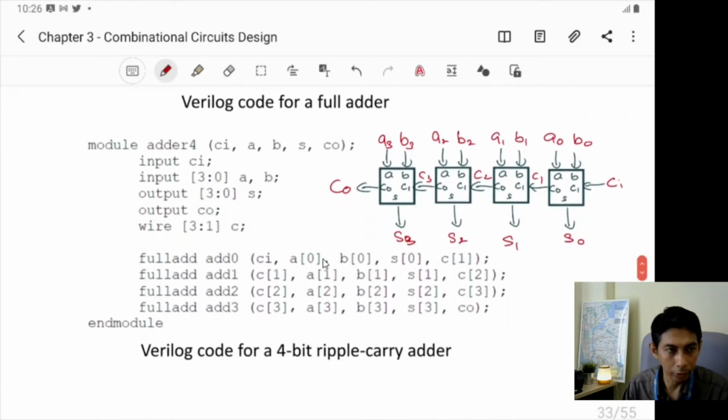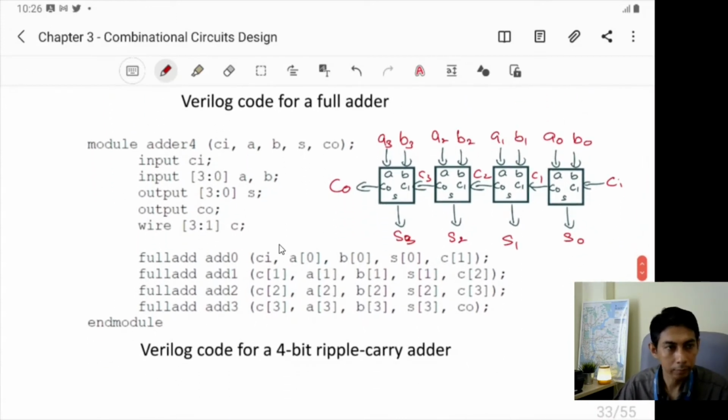So in the bigger module, what we do is this. The name is adder 4 bit, and we have input CI, and we have input A, and we have B, 4 bit, and we have S 4 bit, and we have C out here.